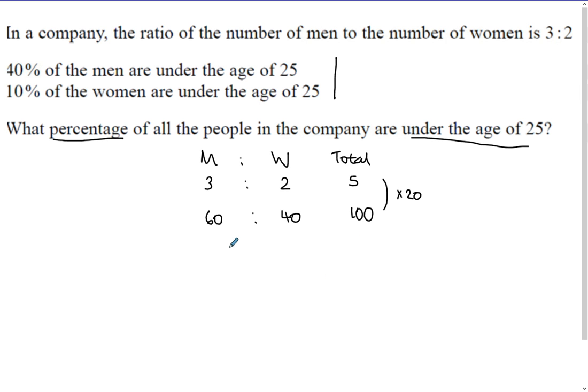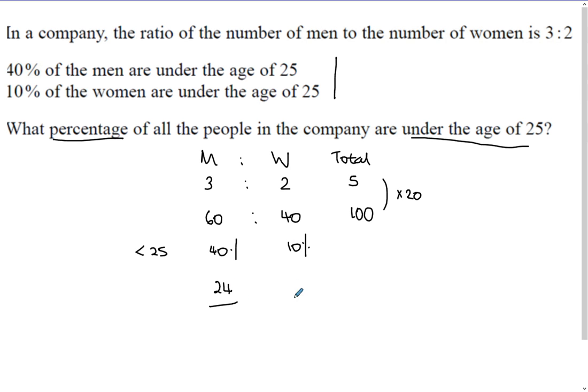Okay, so now we've got less than 25 years old. We've got 40% there and 10% there. Now that's really easy to calculate. 40% of 60, 10% is 6, so 40% will be 24.